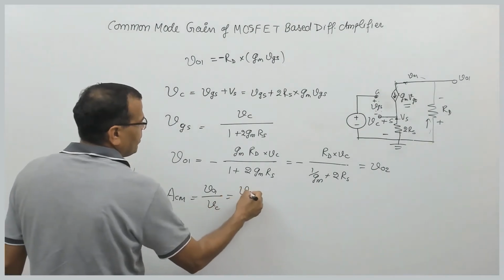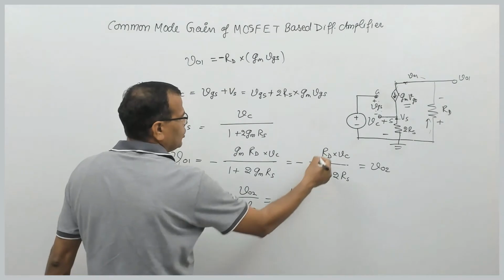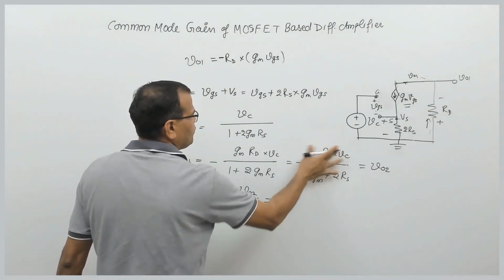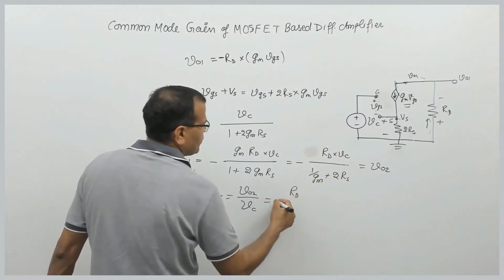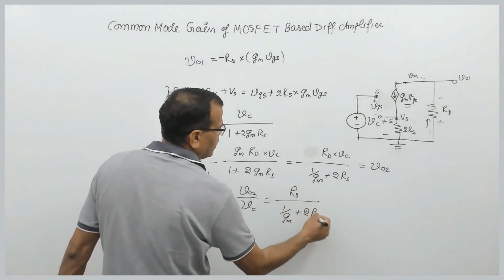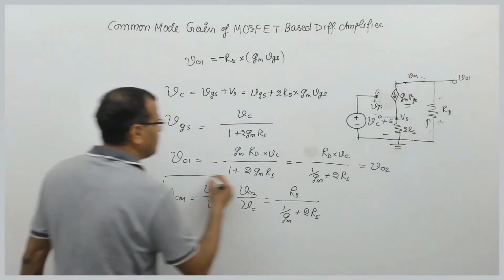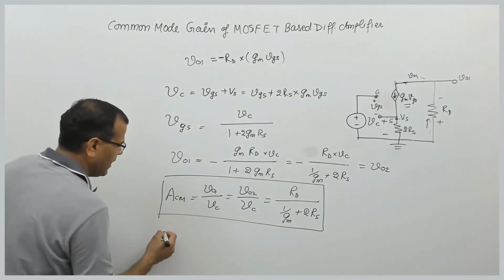That will be the same as V02 upon VC, and that will be GM, sorry, RD divided by 1 by GM plus twice RS.